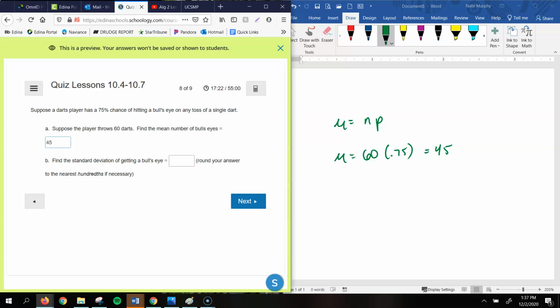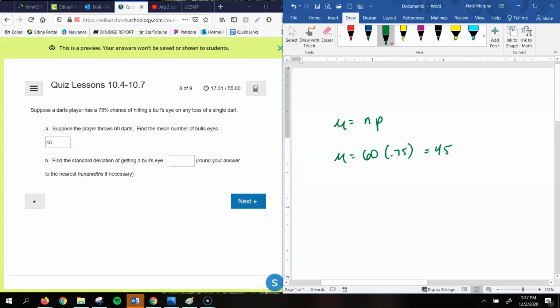So the answer there would be 45. Okay, so then it says find the standard deviation of getting a bullseye. Round your answer to the nearest hundredths if necessary, so 2 numbers past the decimal. So you've got to remember, to find the standard deviation, we're going to take the square root of n times p times q.